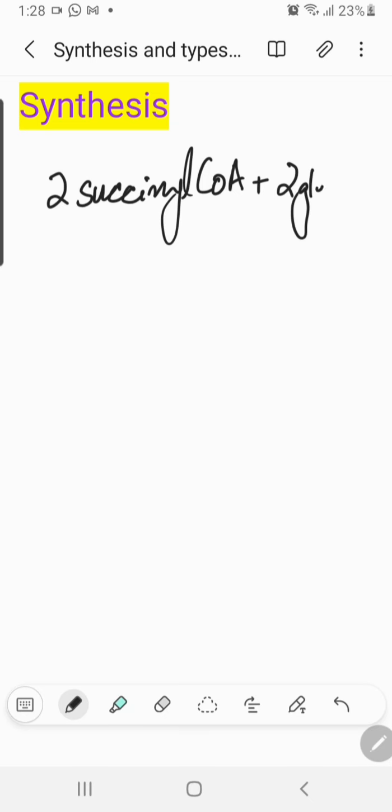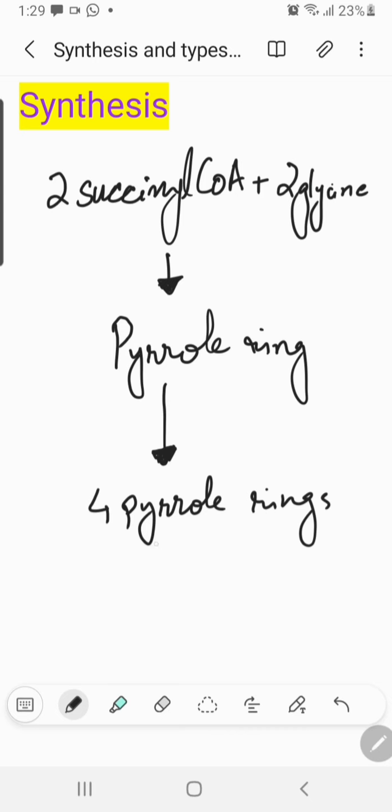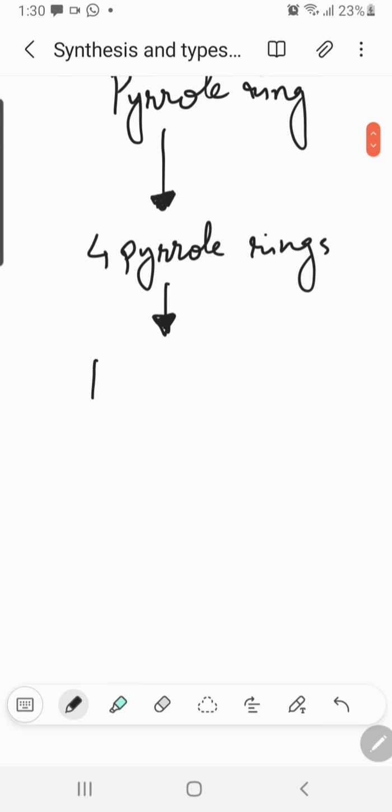So, succinyl CoA is formed during the Krebs cycle, and two succinyl CoA combine with two glycine molecules, which is an amino acid, and hence form a pyrrole ring. Now, a combination of four pyrrole rings takes place and helps in the formation of protoporphyrin 9.